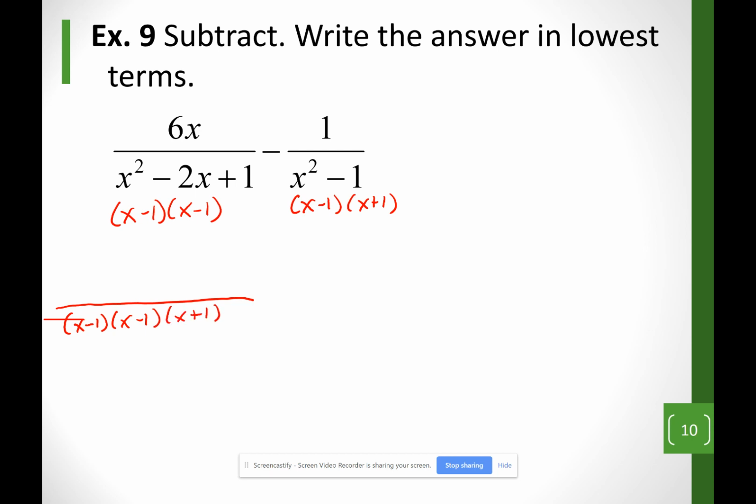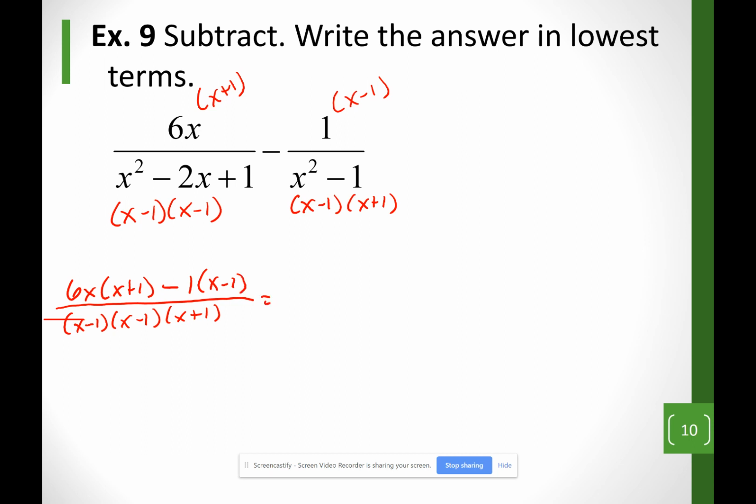From those three factors, on the first fraction, I'm missing the x plus 1. From those three factors, on the second fraction, I'm missing an x minus 1. So on the top, I have 6x times x plus 1 minus 1 times x minus 1.